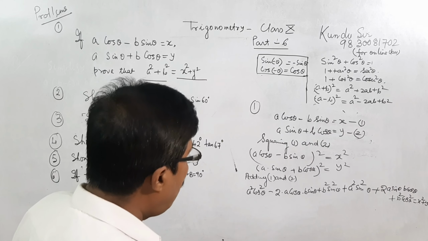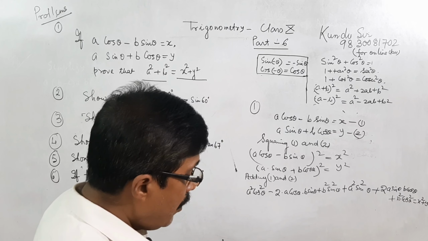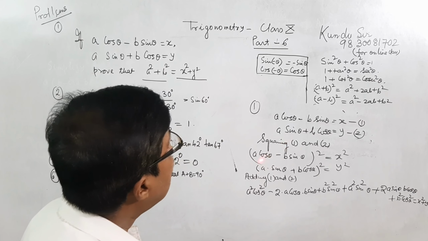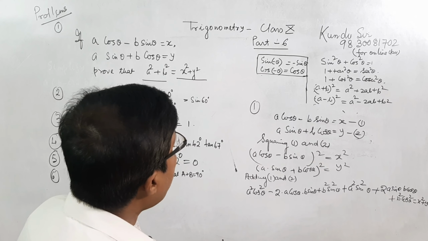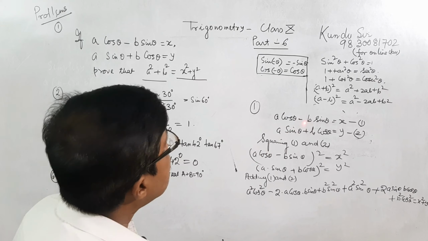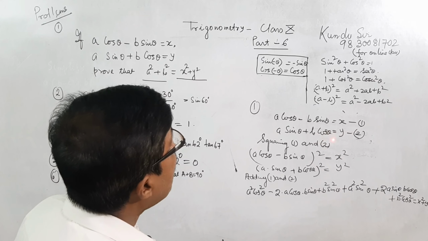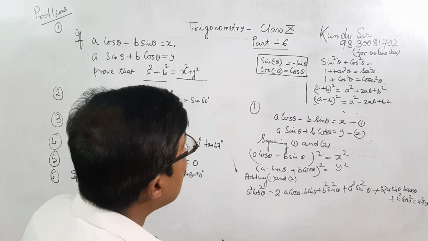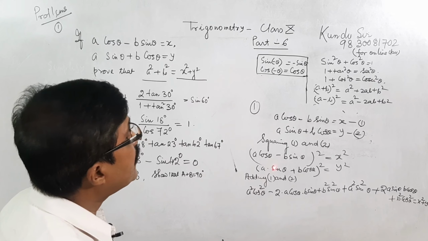Once again I am explaining, it is the most important sum for examination. It is 1, it is 2, squaring: this whole square equal to x square, this whole square equal to y square. Now we are adding this one and this one.